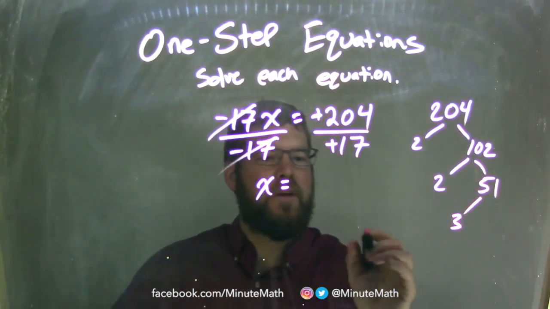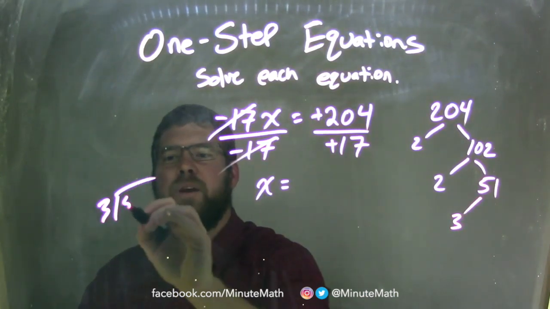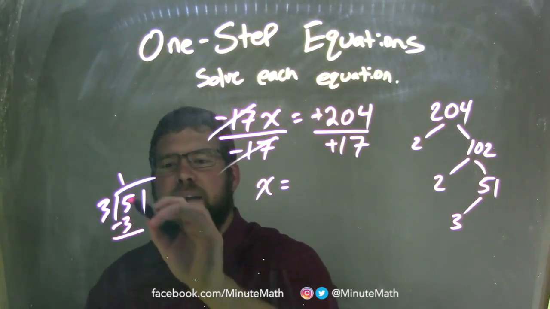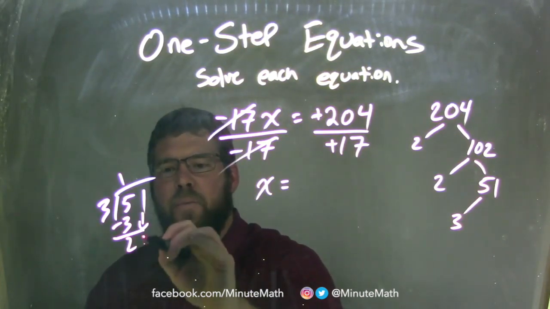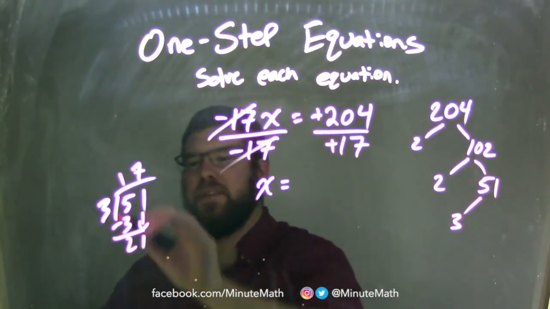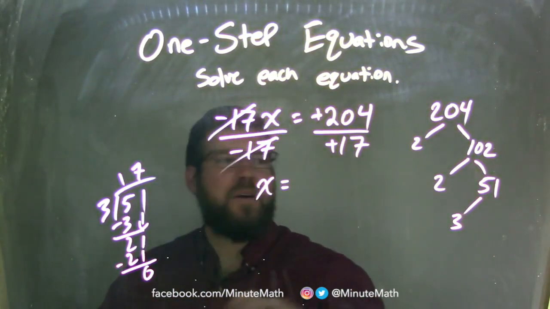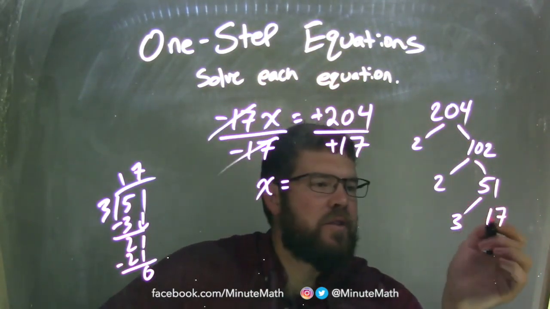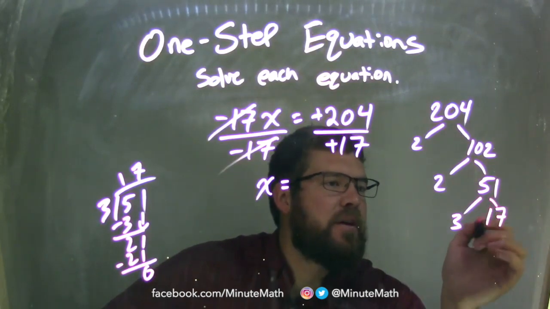So 3 goes into 51, we go right here. 3 goes into 5, 1 time. You subtract them, you get 2 using the traditional method, you bring down a 1, and then 3 goes into 21 seven times. 7 times 3 is 21, and we're done. So it's 3 and 17 at the end.